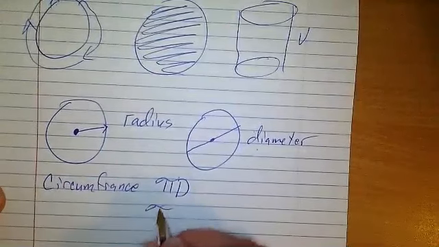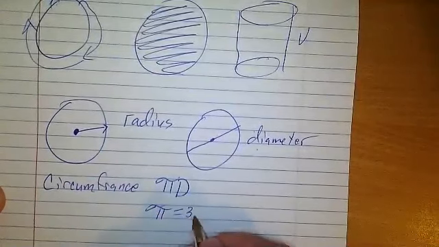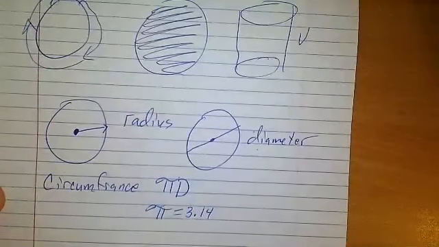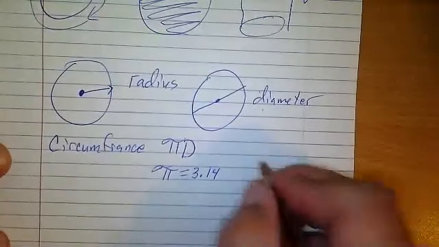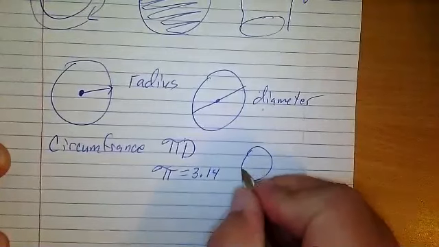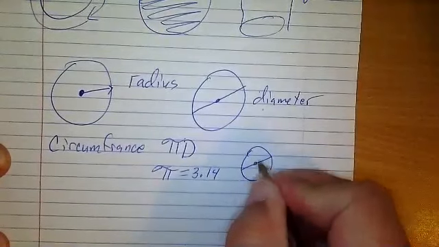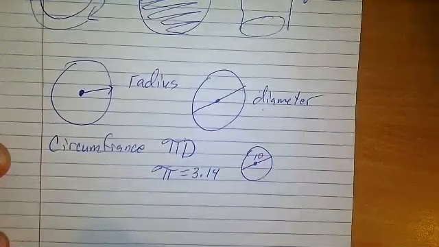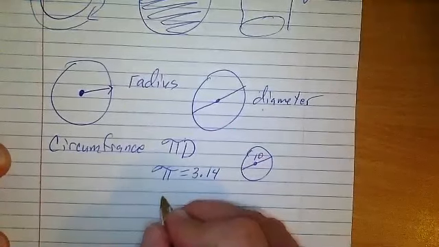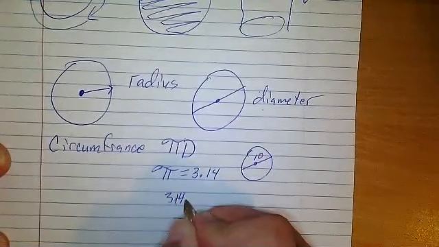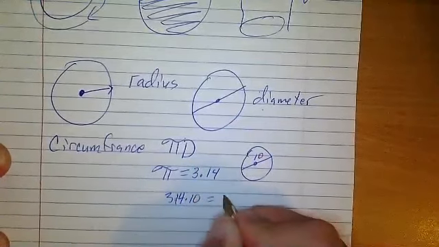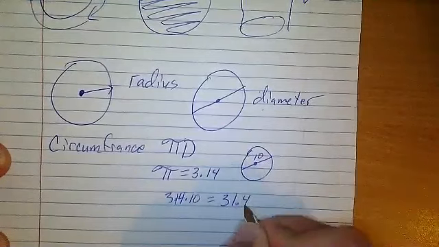Now, for the purposes of this work, we're going to use pi equals 3.14, all right? So if I tell you that I have a circle that has a diameter of 10, it's going to look like this: 3.14 times 10, which would give me 31.4.